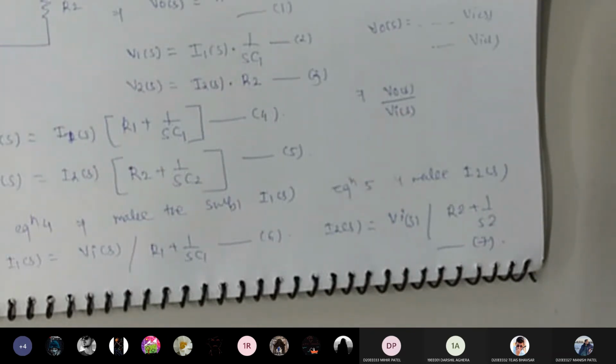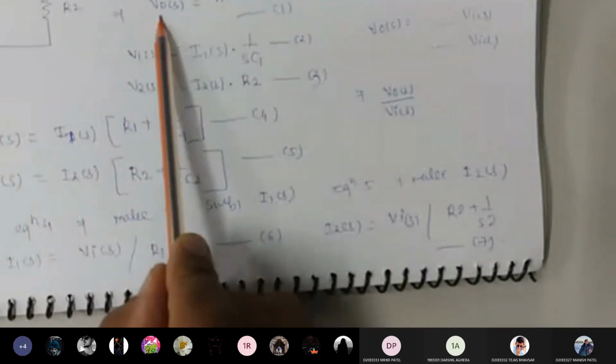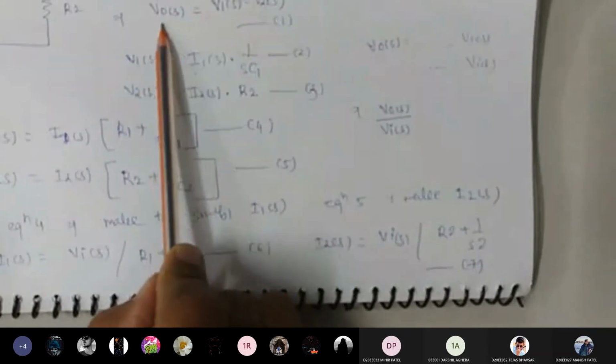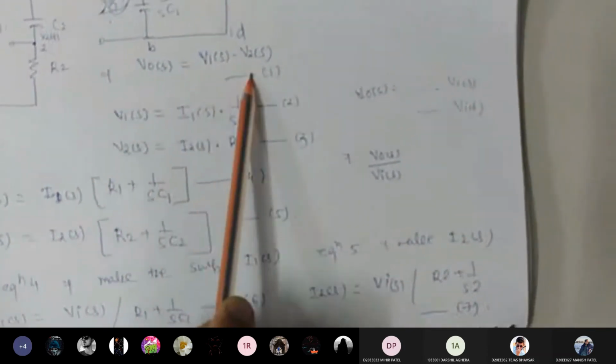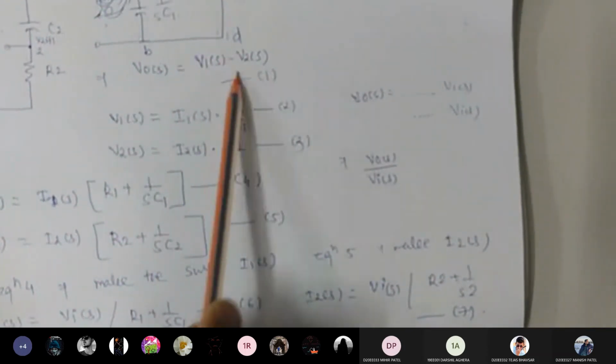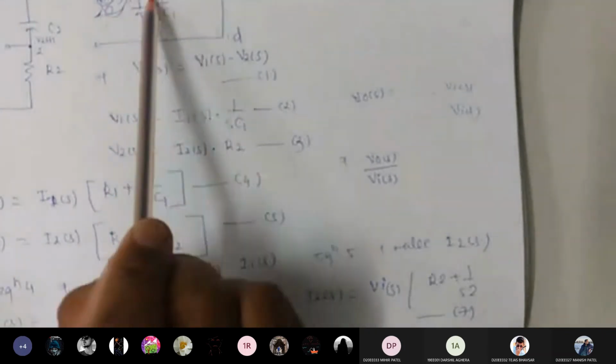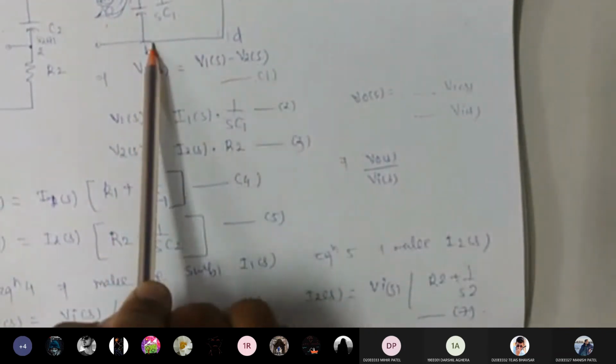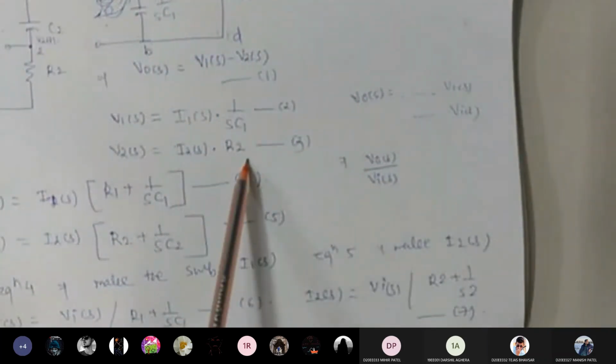Yes, sir. First, what we have done, we have found out the relation of V output of S. V output of S is equal to what? V1 minus V2, these two. Okay, but what is V1? V1 is nothing but the voltage across this capacitance. V2 is the voltage across impedance R2.